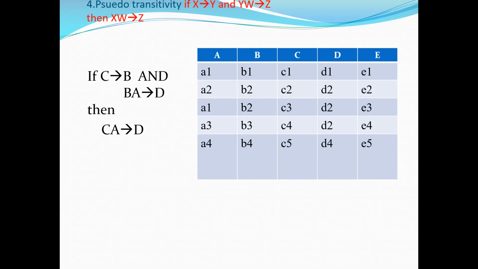C4 A3 corresponds to value D2, no other C4 A3 pair exists. C5 A4, no other C5 A4 pair exists. So CA to D holds.